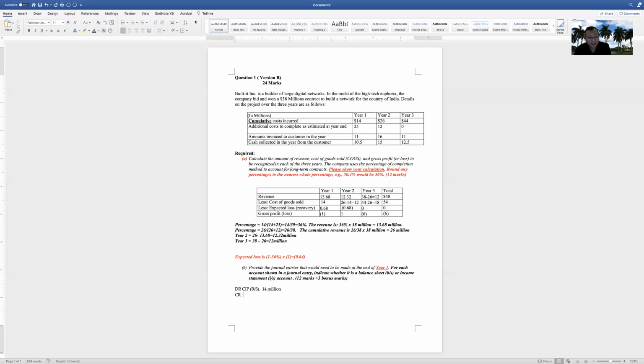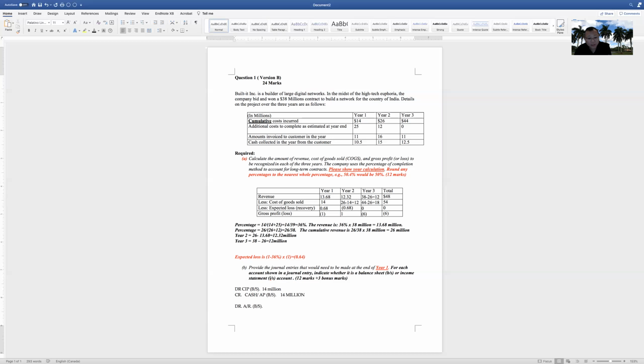And you credit cash or AP for 40 million. And you debit cash, AR, when you bill, right? So this would be also a balance sheet item. AR is a balance sheet item.